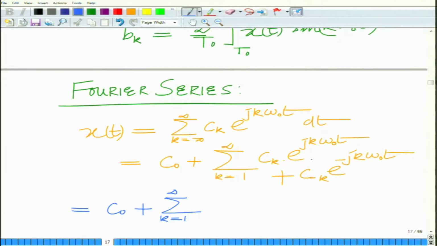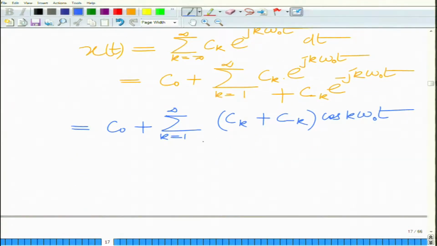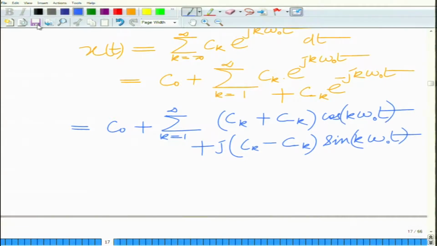So, that will give you c k plus c minus k times cosine k omega naught t, because you can write e raised to j k omega naught t as cosine k omega naught t plus j sin k omega naught t, plus j times c k minus c minus k times sin k omega naught t.